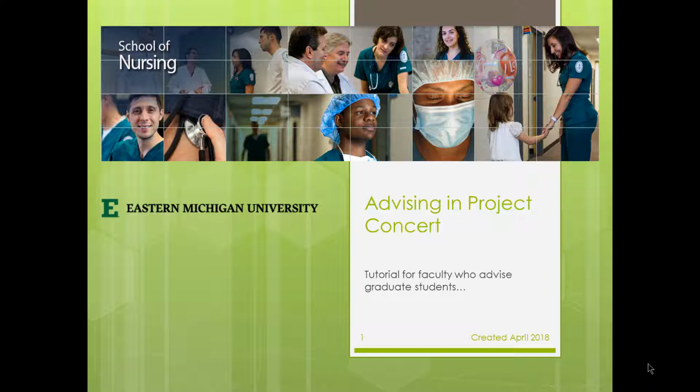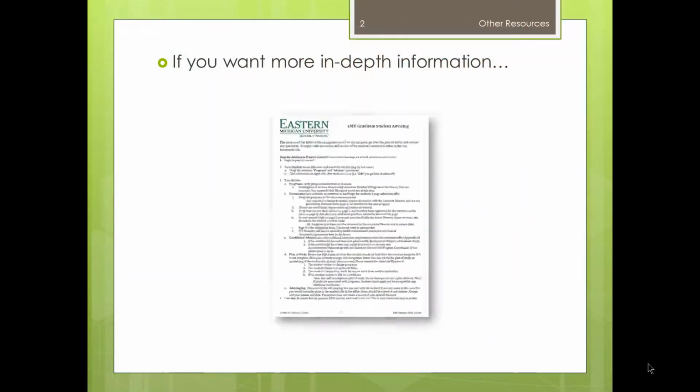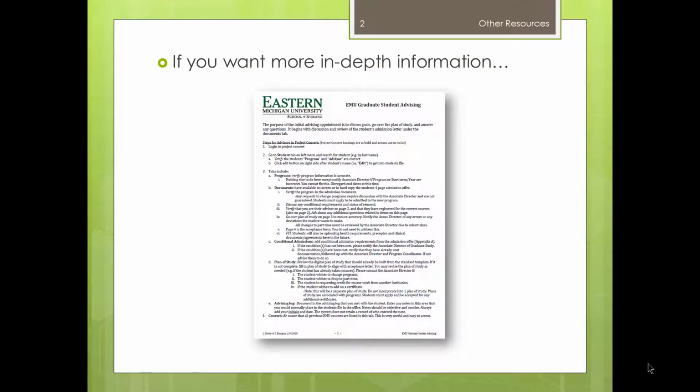Be aware this tutorial was created in April 2018, so there is a slight chance that some information might have changed. If you prefer more in-depth information or are new to advising, the document pictured here will provide significantly more information about advising graduate students in the School of Nursing.